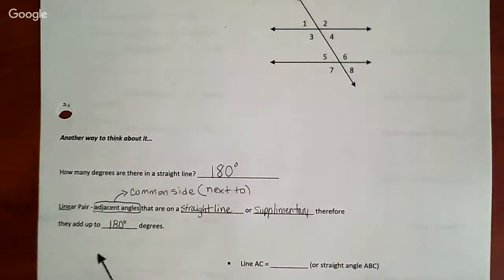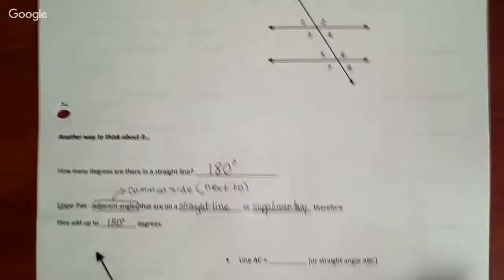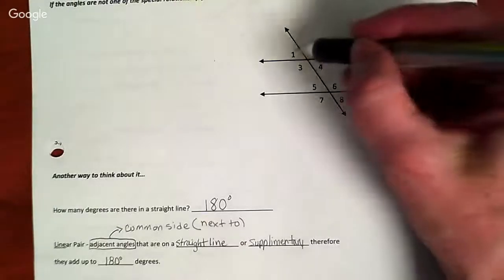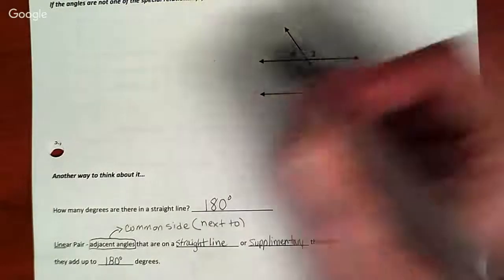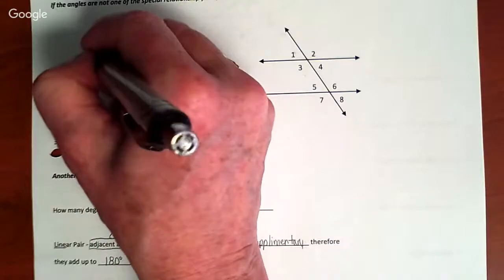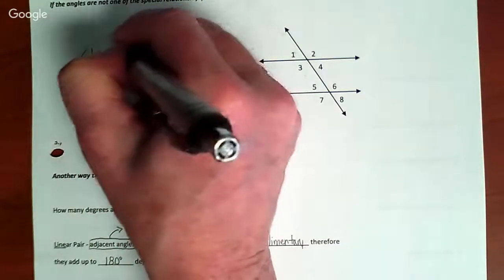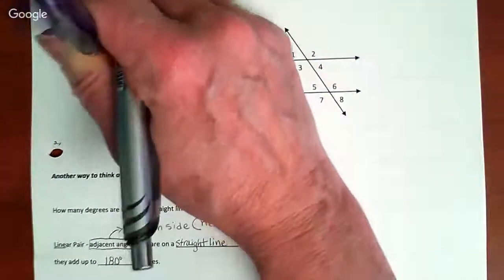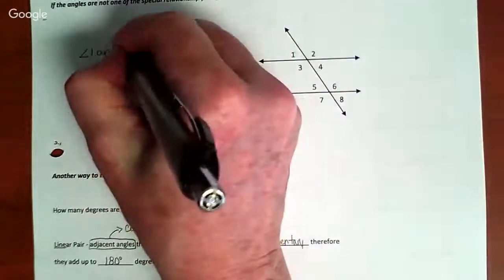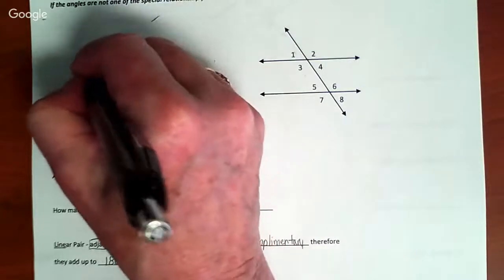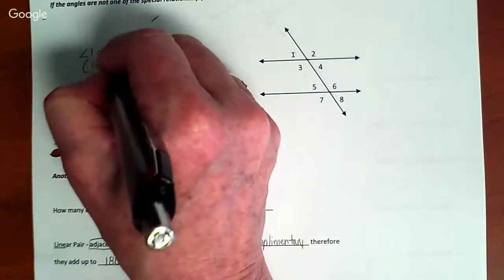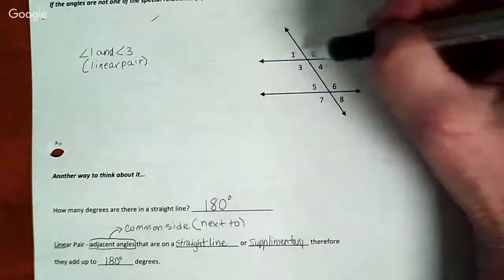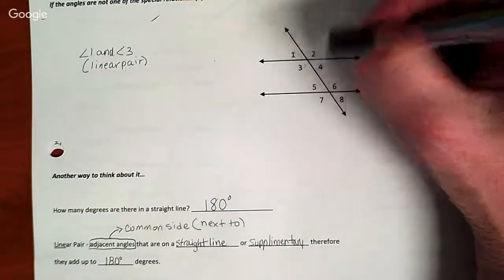Okay. So in this instance, for this down here, what we're talking about is angle 1 and 3 would be a linear pair. They would be a linear pair, and they are supplementary angles.